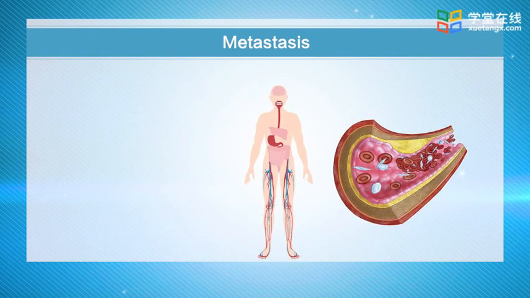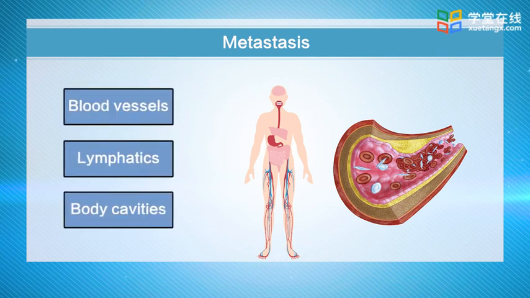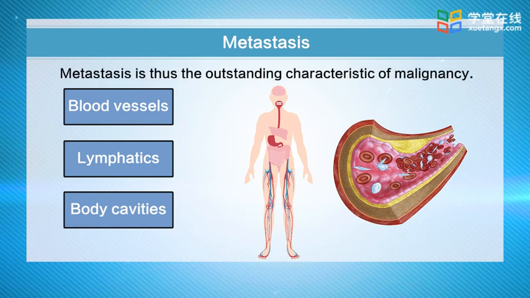Third, the invasiveness of tumor permits them to penetrate into blood vessels, lymphatics, and body cavities, providing opportunity for spread. Metastasis is thus the outstanding characteristic of malignancy. In general, the more anaplastic the primary tumor, the more likely is the metastatic spread.